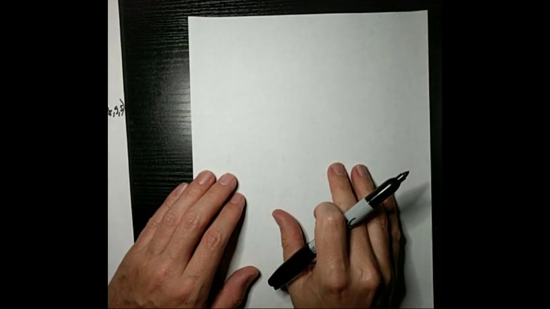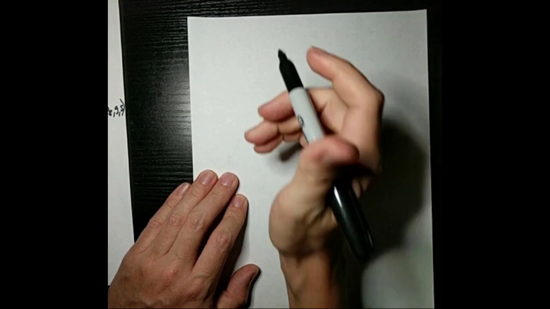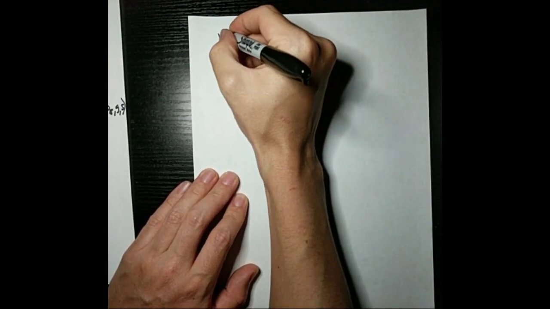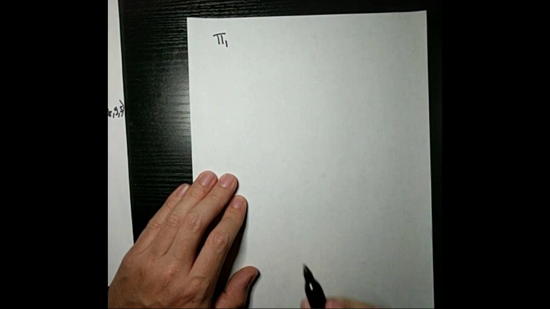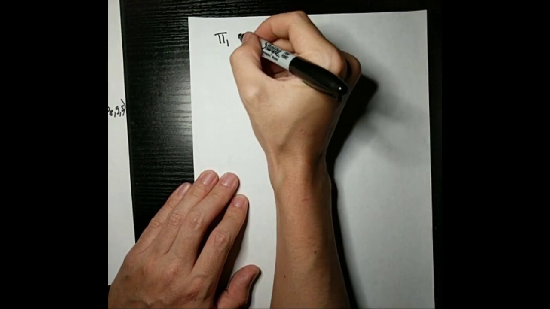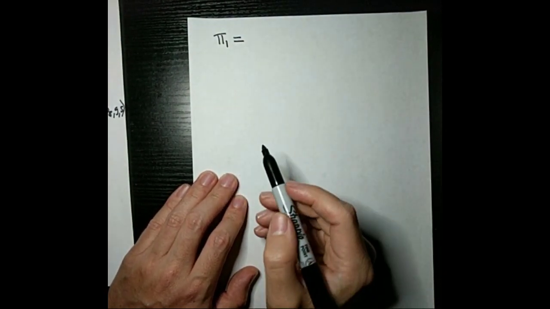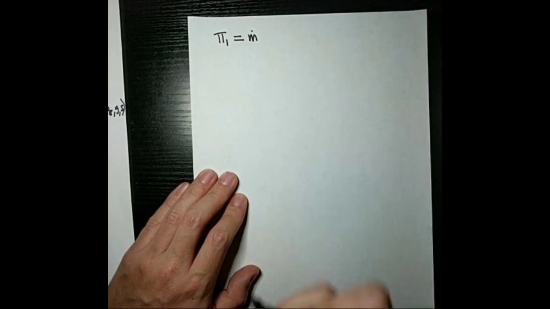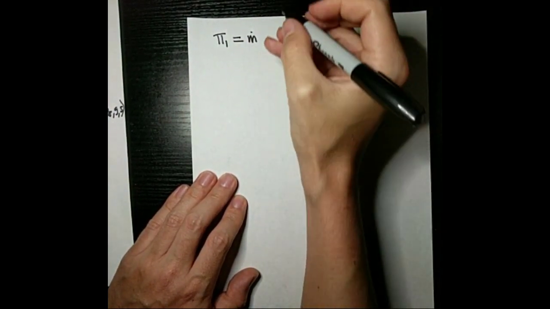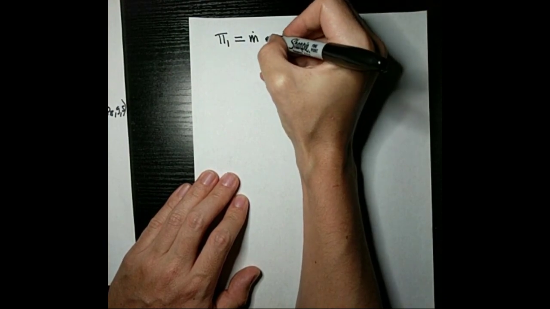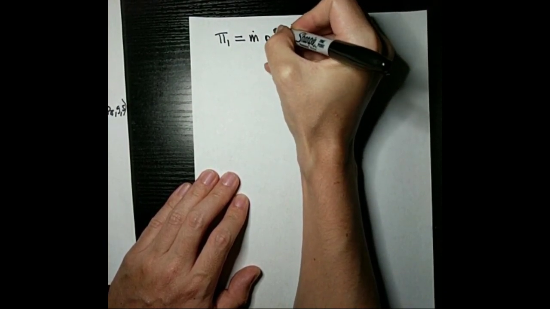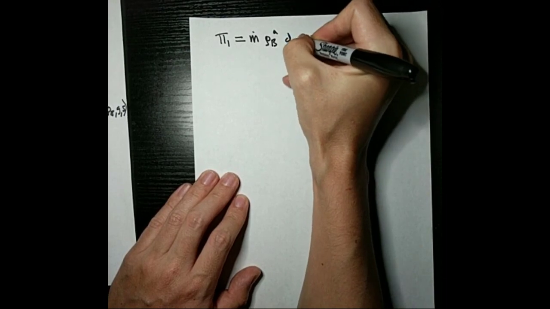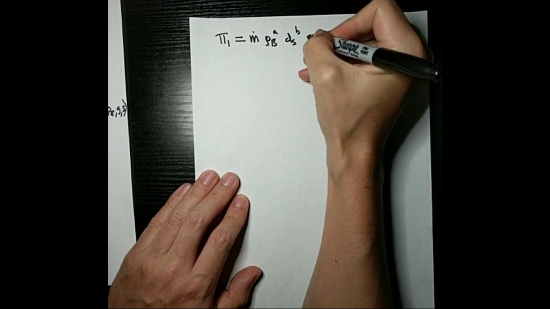So coming up with dimensionless groups. Our first dimensionless group is going to be our dimensionless mass flow rate, and that is going to be our pi 1. So we come up with dimensionless groups by taking the parameter we're going to be making a dimensionless group for, and multiplying it by our 3 repeating parameters taken to arbitrary exponents.